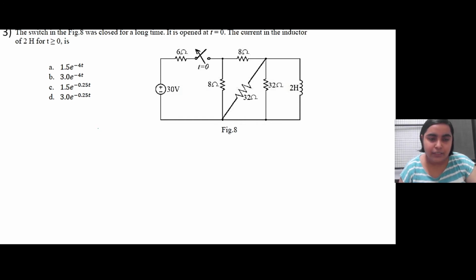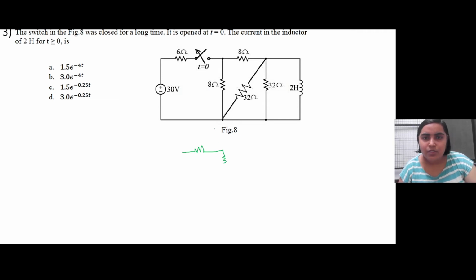First, we need to consider the steady state condition, that the switch is closed for a long time, right? So it has reached its steady state. The switch was closed, and it is just opened at t equal to 0.